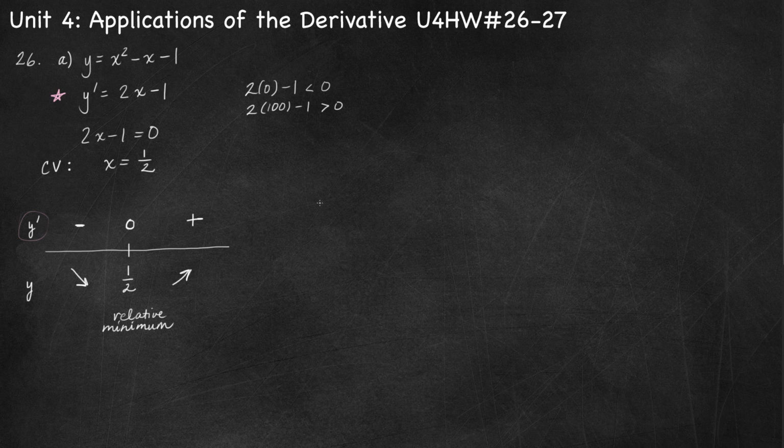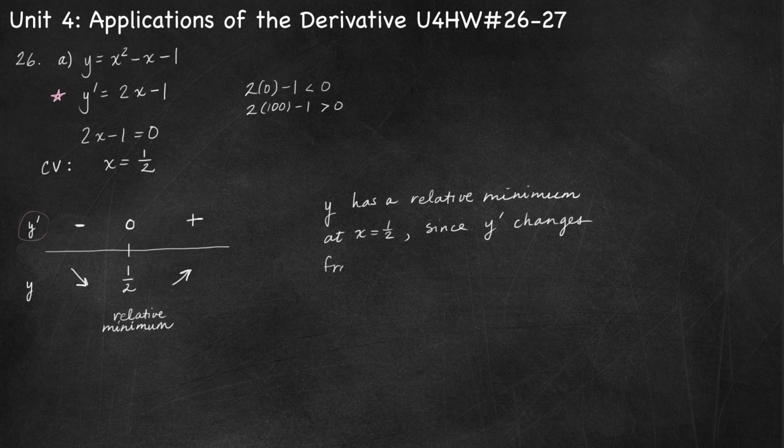So we'll say our function f, in this case, our function wasn't presented in function notation, so we'll stick with y. y has a relative minimum at x equals 1/2 since y prime changes from negative to positive at that point.